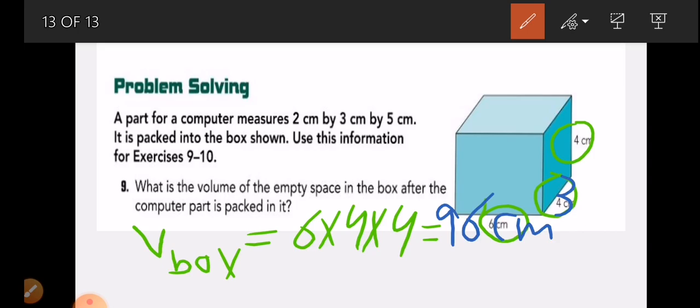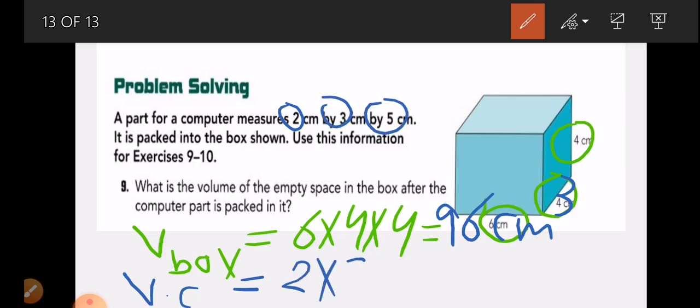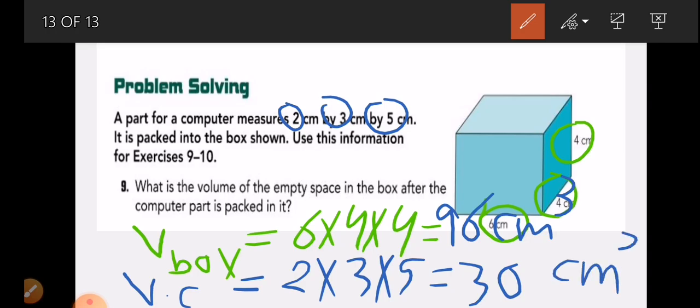Now, let's find the volume for the computer. What is the volume for the computer? It's 2 times 3 times 5. 2 times 3 is 6. 6 times 5 will give me 30. 30 what? Centimeter cubed.